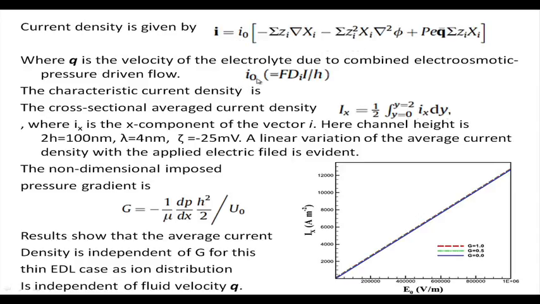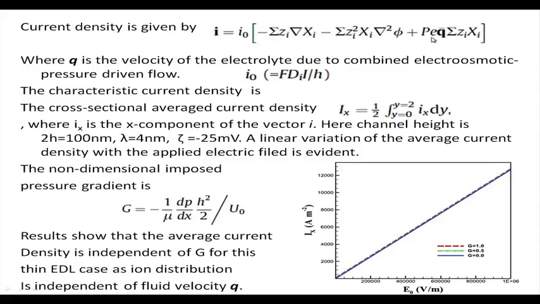If I take this characteristic current density as I0, which scales the current, this portion becomes non-dimensional, because we have non-dimensionalized the variables. Here Q is the fluid velocity and Xi is the mole fractions.